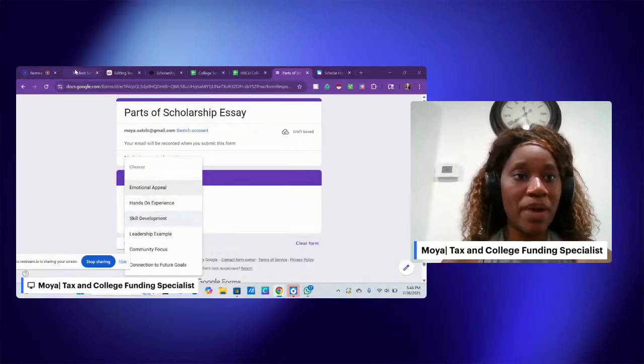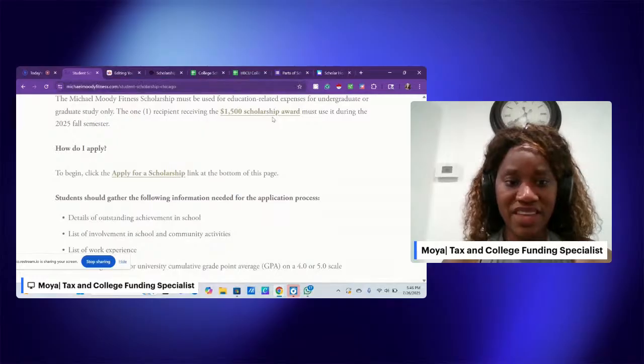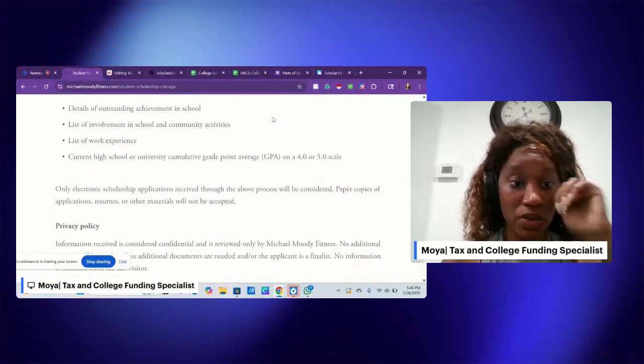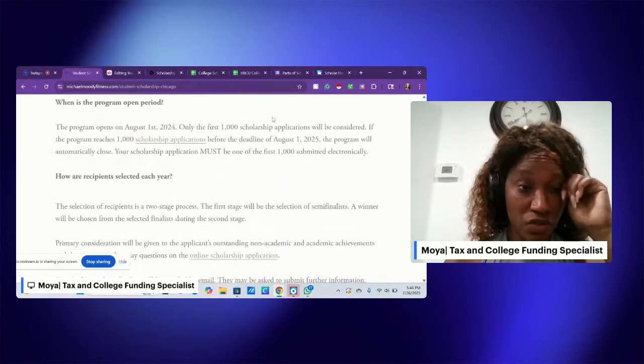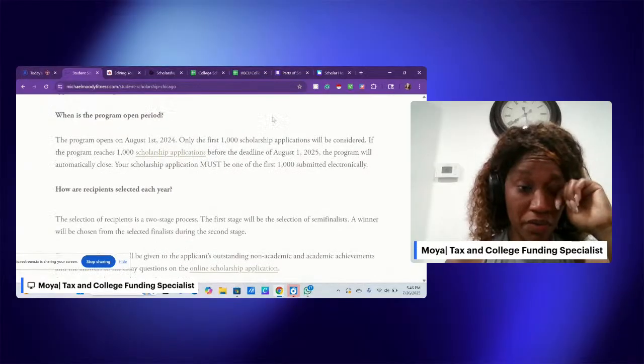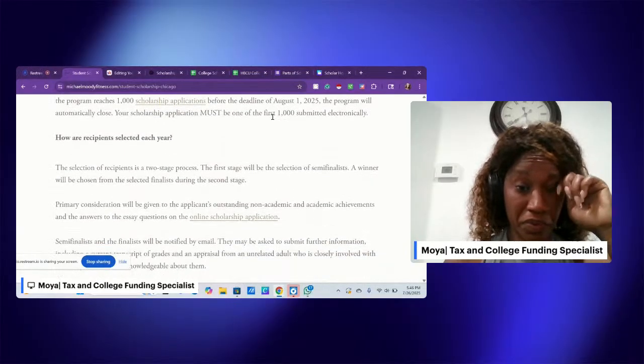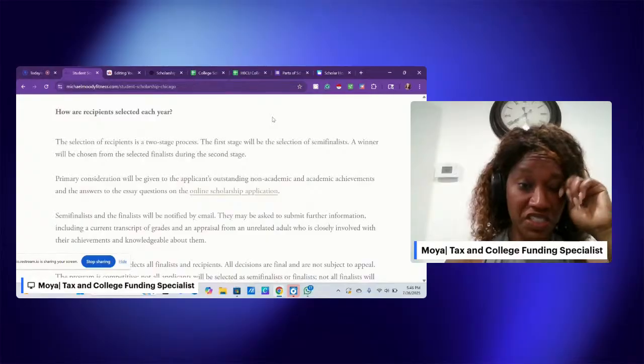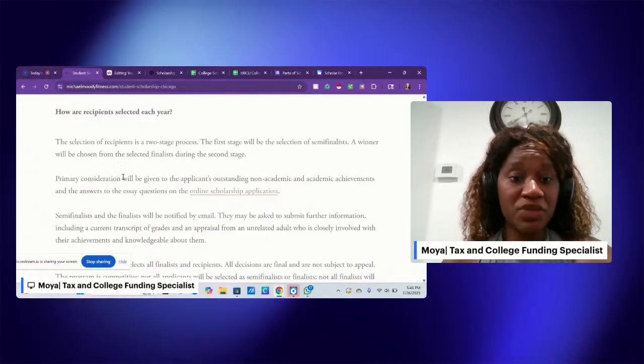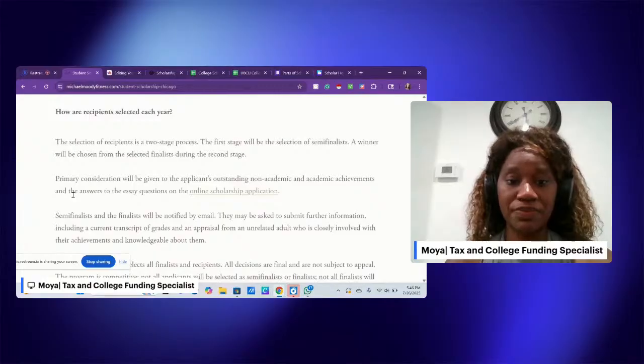Okay. I do want to go back here really quick, and I want to see if they give us anything else in terms of what they're looking for. Okay, so this just says primary consideration will be given to the applicant's outstanding non-academic and academic achievements and answers to the essay questions on the online scholarship application.